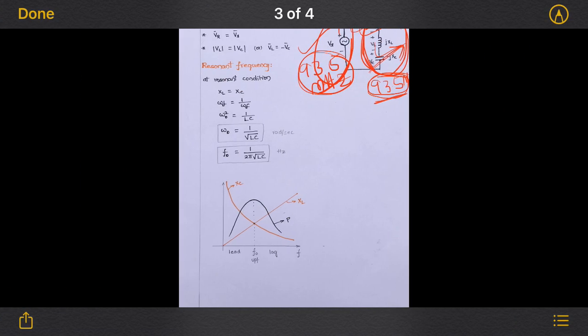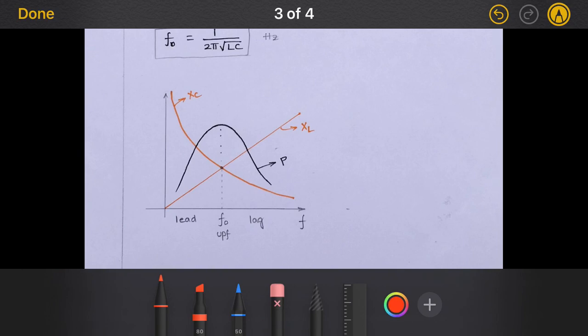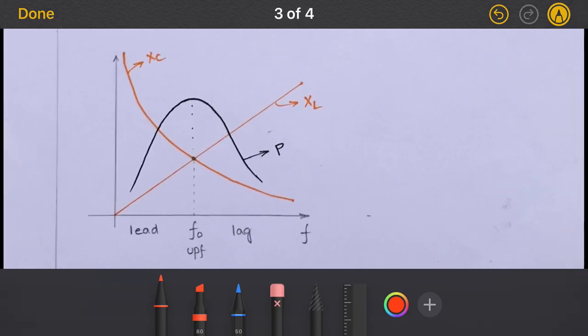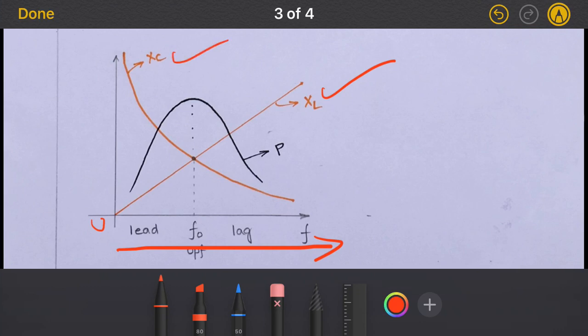Using those conclusions, I have drawn the waveforms here. Frequency is increasing from 0 to infinite. Here this is the inductive reactance value linearly increasing, and this one is the capacitive reactance gradually decreasing. Whenever both reactances are equal, that is resonant frequency. Less than resonant frequency, power factor is leading. After the resonant frequency, power factor is lagging.